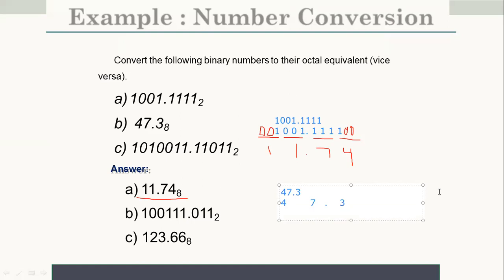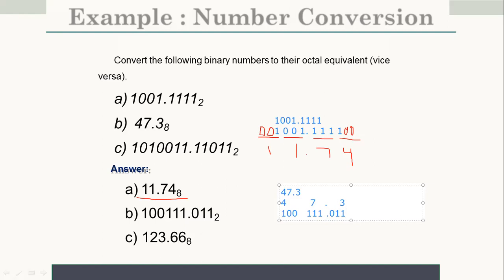What are the equivalent digits? For 4, the binary equivalent is 100. For 7, 111 is the binary equivalent. Point. For 3, 011 is the binary equivalent.